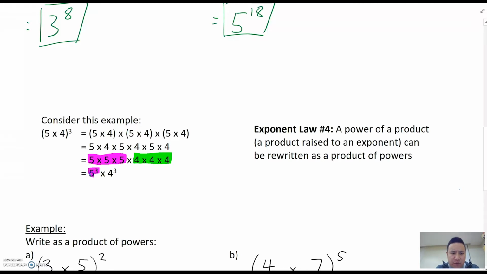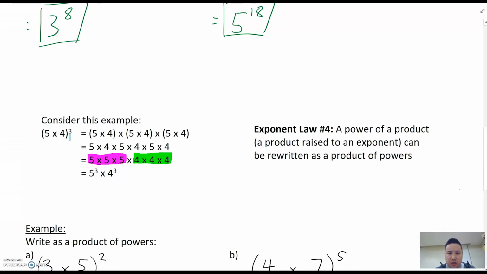That's 5 to the power of 3. And there's another way to write 4 times 4 times 4. It's 4 to the power of 3. And so I started with 5 times 4, and everything is to the power of 3, and I ended up with 5 to the power of 3 times 4 to the power of 3.